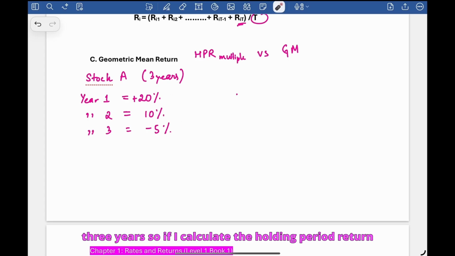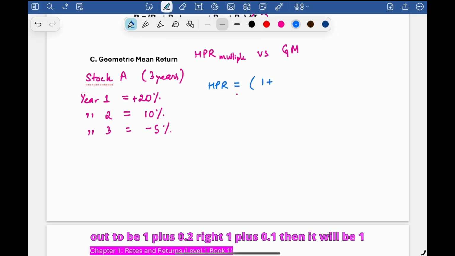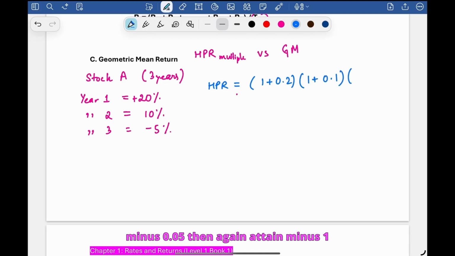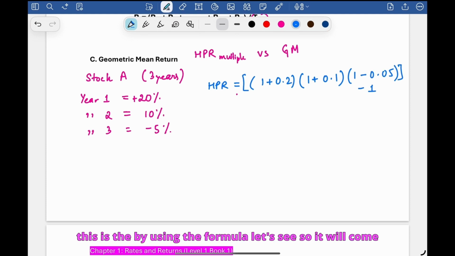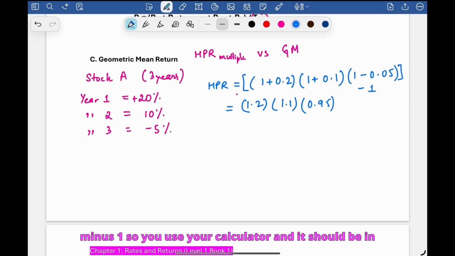So if I calculate the holding period return, HPR, using the formula, it will be 1 plus 0.2, 1 plus 0.1, 1 minus 0.05, then minus 1. So it will come out to be 1.2, 1.1, 0.95, minus 1.